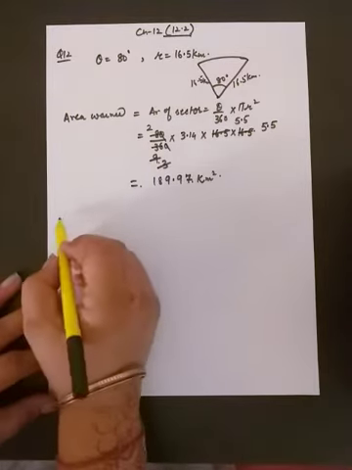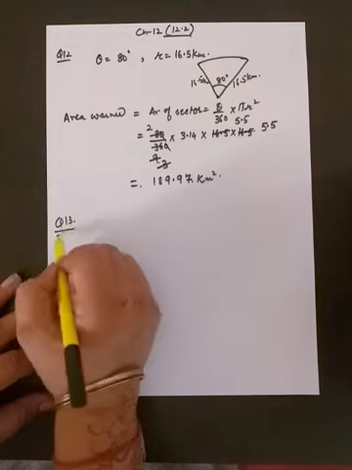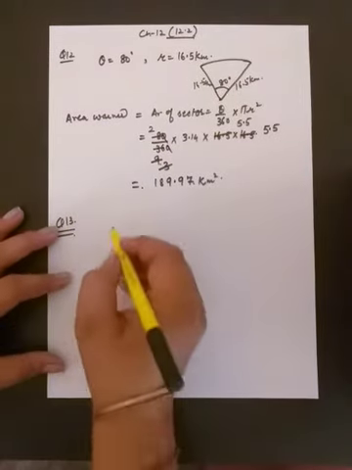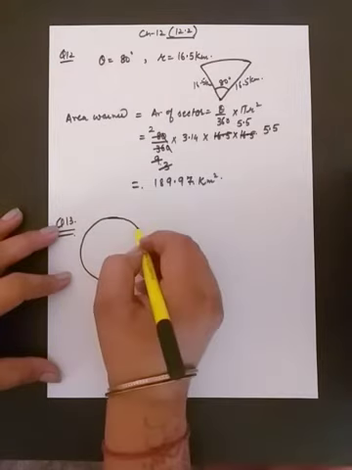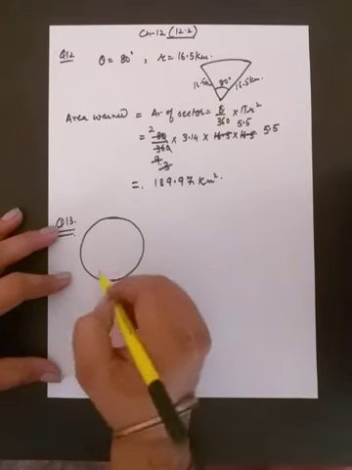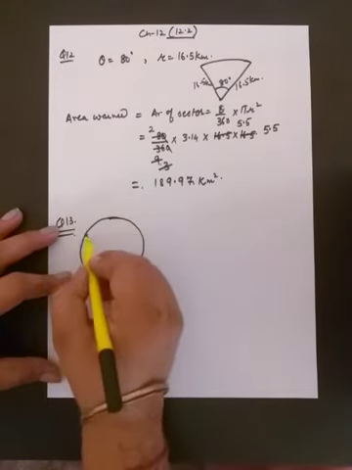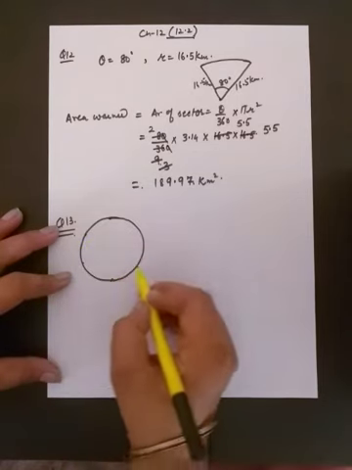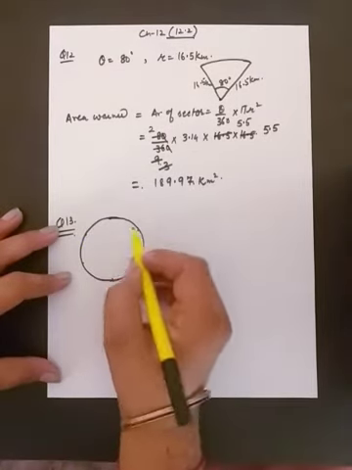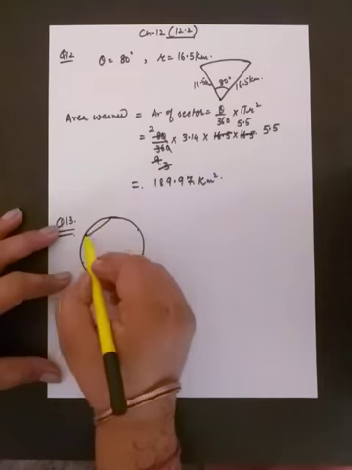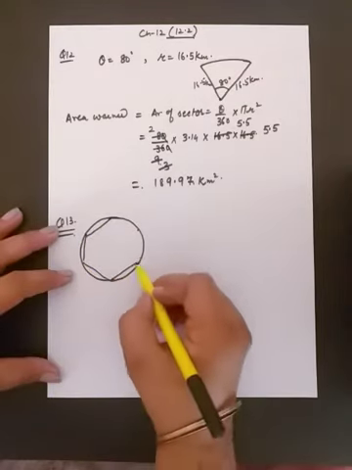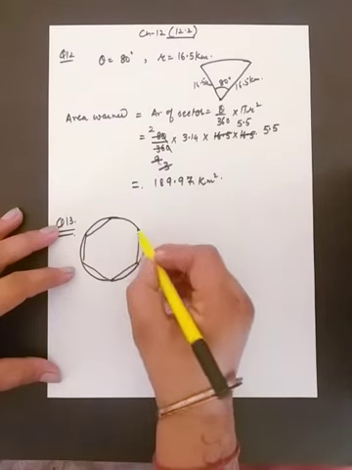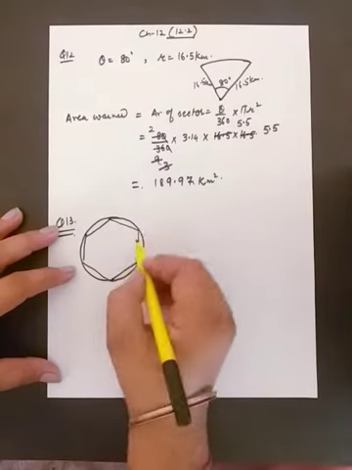Question number 13. Again there is a table cover and the design is made on its corners, or you can say along its edges a design is made like this.